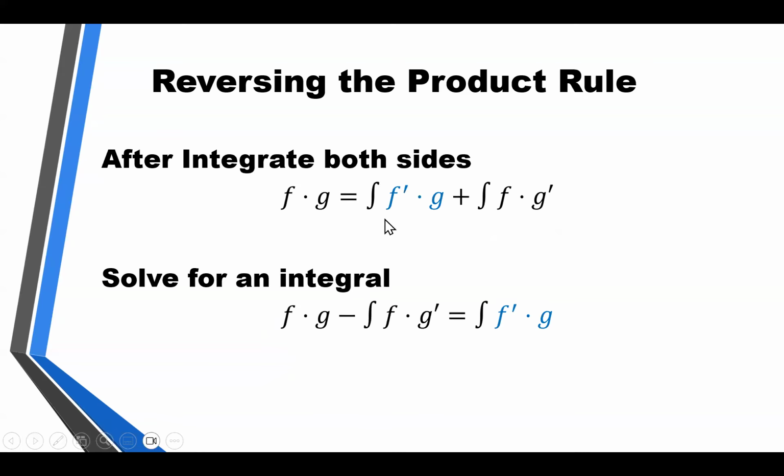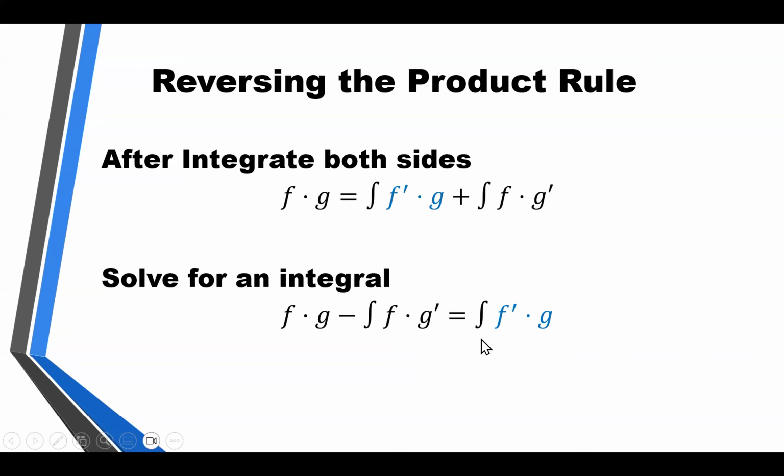Now, after we integrate both sides, we have two integration pieces on the right. Basically, what we're going to do is solve for this integral here, the f prime times g integrated. And I do that by subtracting the integration of f times g prime on both sides.